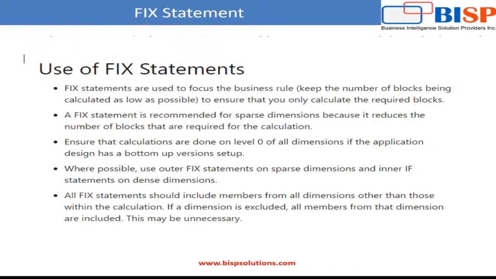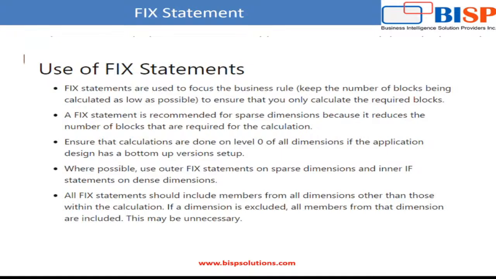To start with the business rule, first you have to understand what a fixed statement is. Fixed statements are used to focus the business rule and keep the number of blocks being calculated as low as possible, to ensure that you only calculate the required blocks. A fixed statement is recommended for sparse dimensions because it reduces the number of blocks required for the calculation, and ensures that calculations are done on level 0 of all dimensions if the application design has a bottom-up version setup.